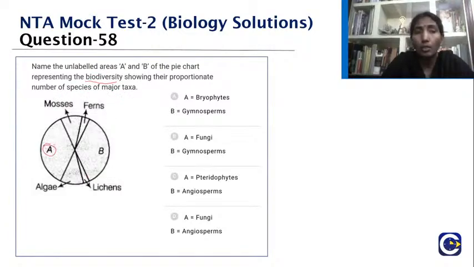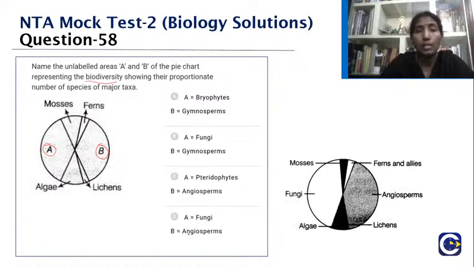So they want to know what is A and what is B. Whether it is bryophytes or gymnosperms, fungi or gymnosperms, pteridophytes, angiosperms, or fungi and angiosperms. Majority of our biodiversity is formed by the angiosperms, right? So we have the fungi and the angiosperms. That would be the right answer.